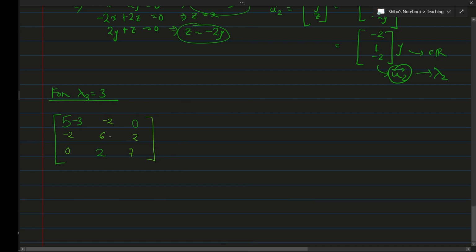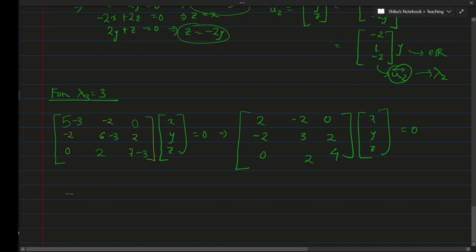We just subtract this lambda from the diagonal elements and multiply it with x, y, z, and we'll equate it to 0. If we simplify this, we'll get 2, minus 2, 0, minus 2, 3, 2, 0, 2, 7 minus 3 equal to 4, and multiplied with x, y, z equals 0.